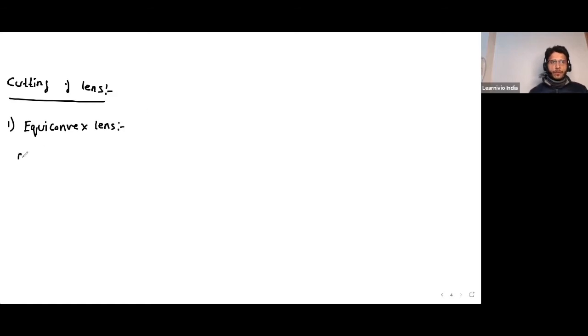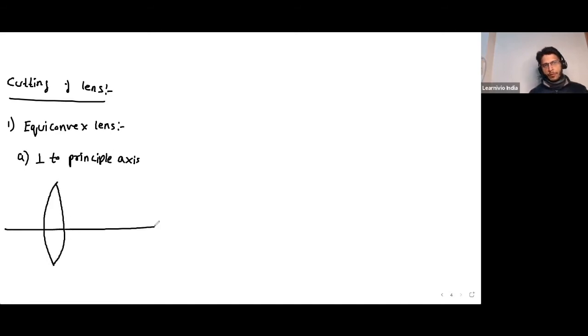Even in cutting of equiconvex lens, it can have two parts. The first is perpendicular to principal axis. So you take this equiconvex lens. This is the principal focus of the lens.